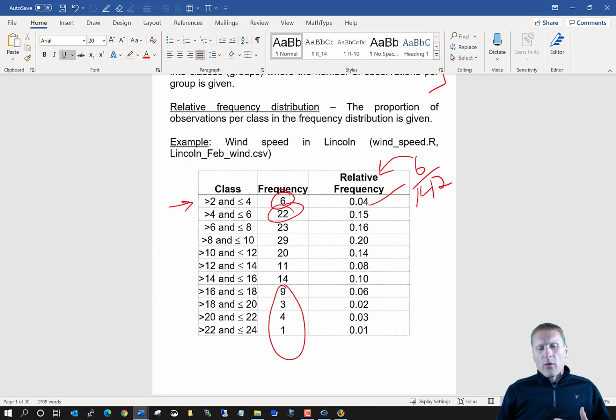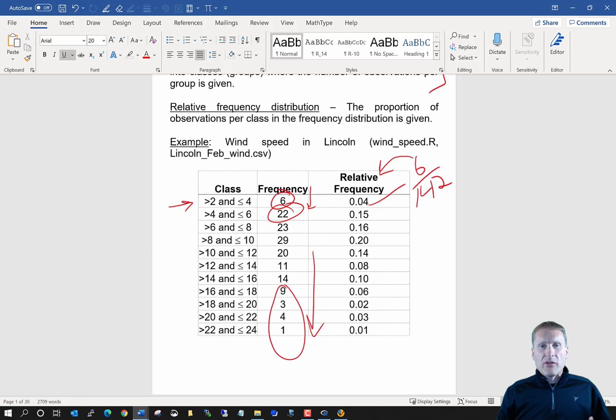So we essentially go up fast in terms of the lower classes, and then we kind of go down slowly for the other wind speeds in terms of these frequency counts.